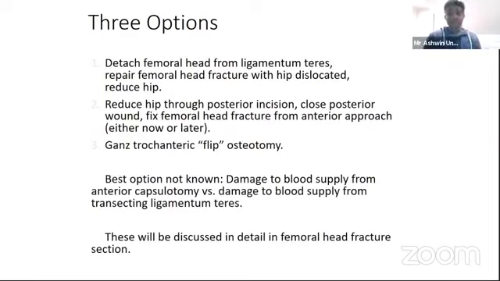The other option is to detach the femoral head ligament and reduce the hip through a posterior incision, the second option. But whatever you do, it is quite important to appreciate how you preserve the blood supply to the femoral head, or decrease the amount of damage that can happen to the blood supply.